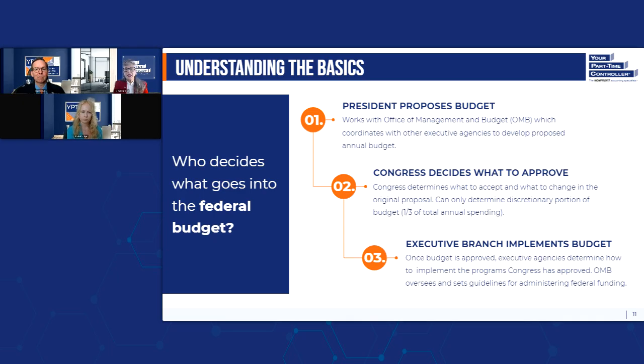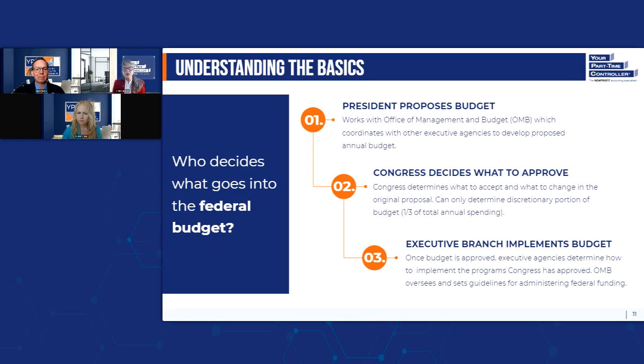It's all coordinated largely by the Office of Management and Budget, or OMB, which is kind of a liaison among all the executive agencies, as well as a referee sometimes. And we'll mention this later too. OMB is actually the agency that sets the rules by which we have to comply if we do receive federal money. So once the president puts together that budget, he sends it on to Congress.